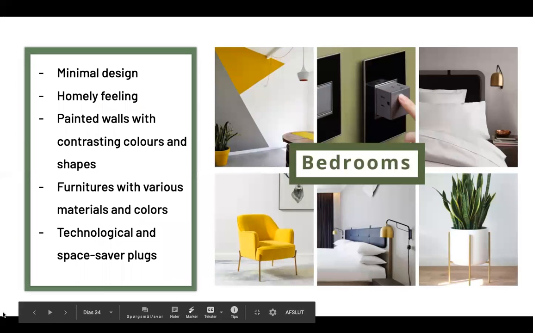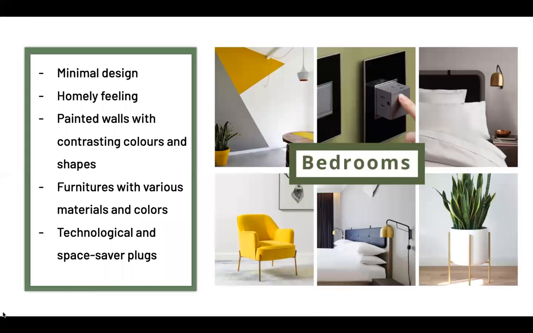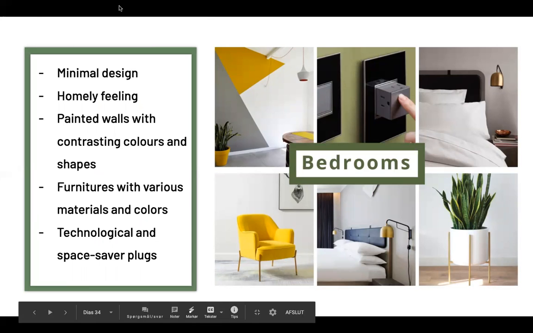And then we have our bedrooms. So again, we wanted a minimal design. We wanted to give a homely feeling, and walls are painted with contrasting colors and shapes. So that will optically convey a bigger and brighter space.